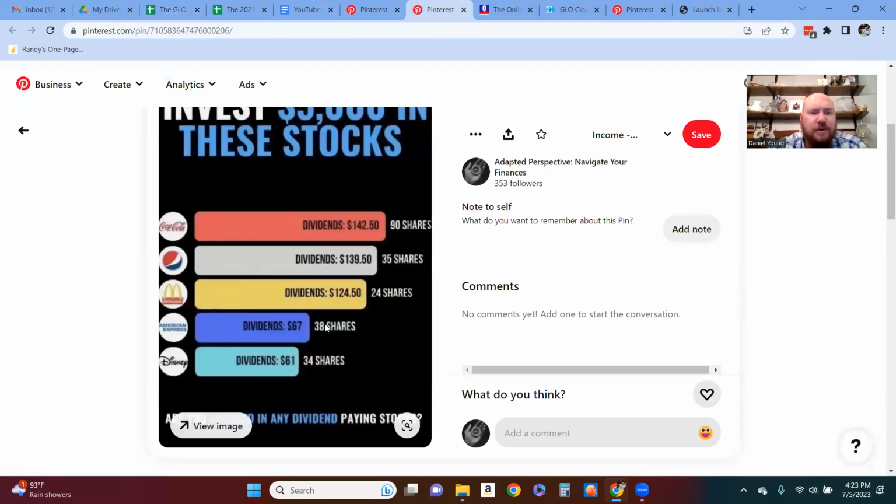This one says American Express. I haven't found many American Express holdings within closed-end funds, or at least of the ones that we own. There's a ton of MasterCard, there's a ton of Visa, a couple of Capital One, but not American Express for whatever reason.